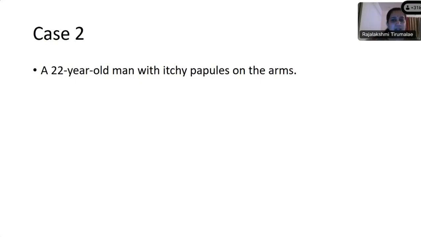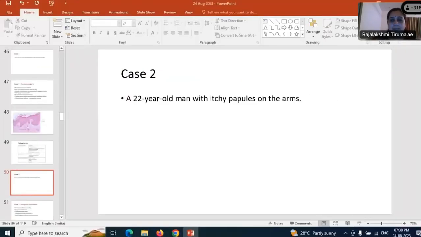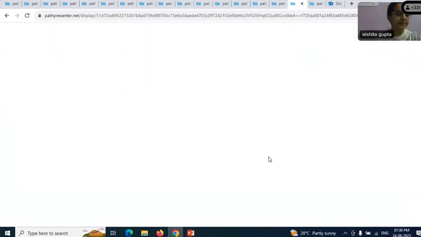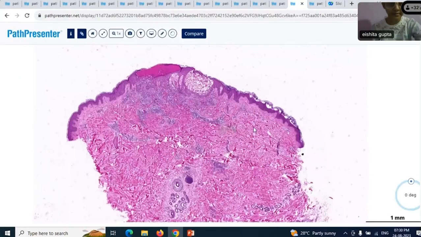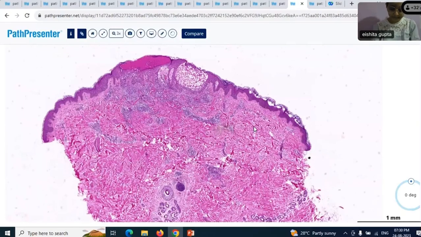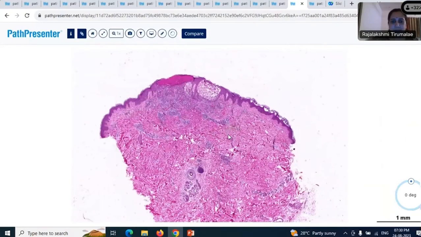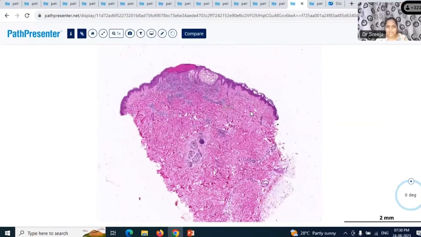Dr. Shrija, can you take this one? Yes, it's a 22-year-old man with itchy papules on the arm. This is case number 2. H and E stained section shows epidermis and dermis.